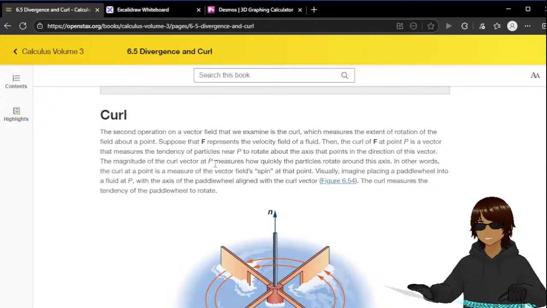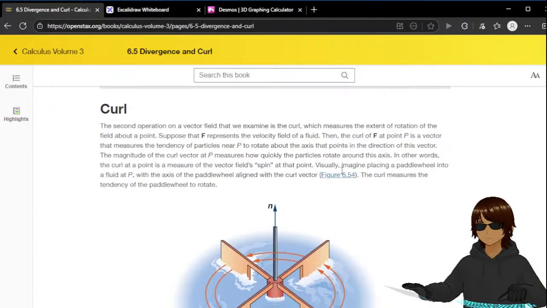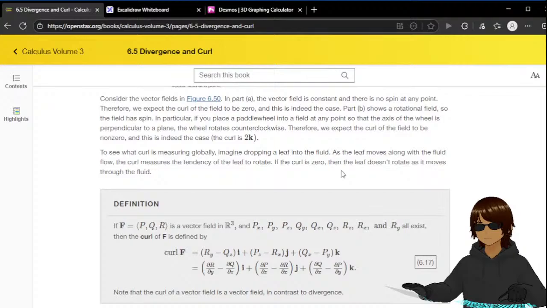In other words, the curl at a point is a measure of the vector field's spin at that point. To see what curl is measuring globally, imagine dropping a leaf into fluid. As the leaf moves along with the fluid flow, the curl measures the tendency of the leaf to rotate. If the curl is 0, the leaf doesn't rotate as it moves through the fluid.